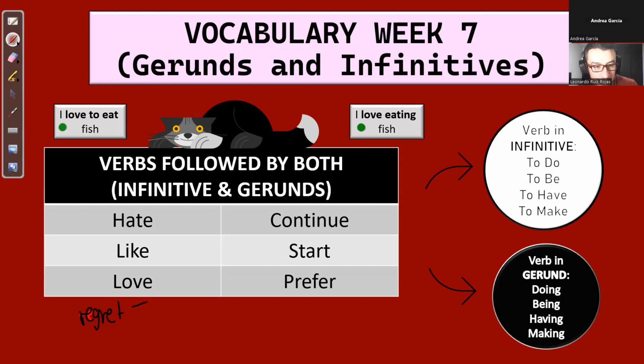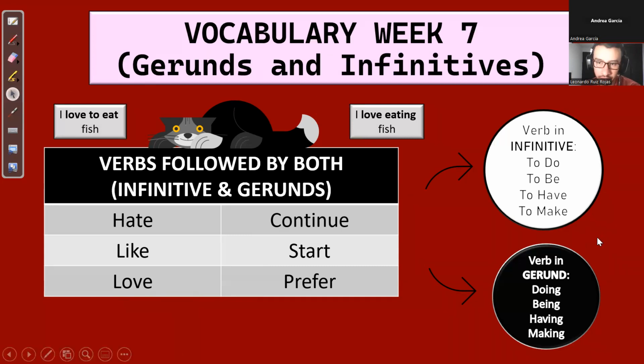Exactly. But if I say I regret to inform, it's different than if I say I regret informing. So there are other verbs that also accept gerund and infinitive, but for those the meaning changes, whereas for these six it's the same whether you use gerund or infinitive. Okay, teacher. Very good.